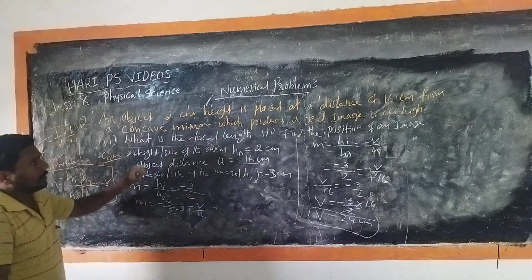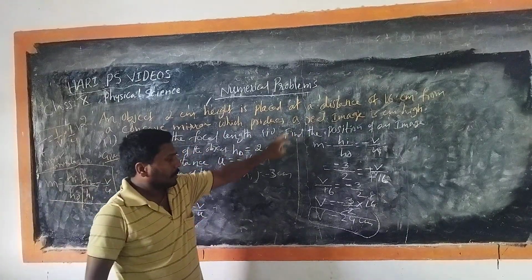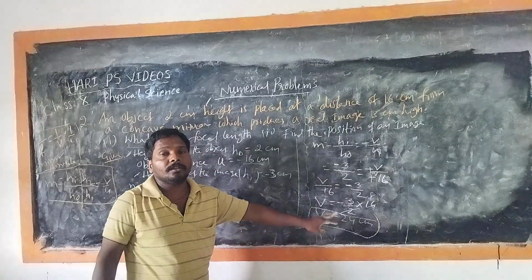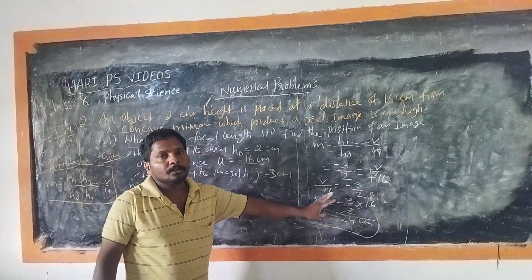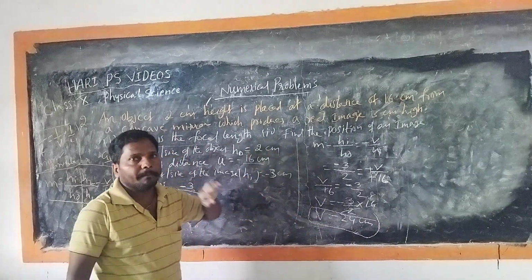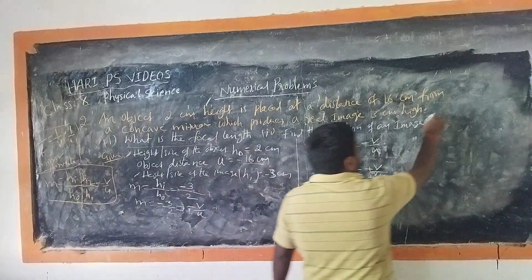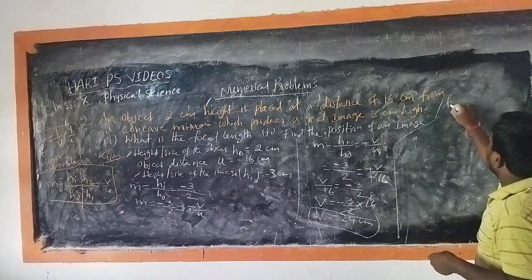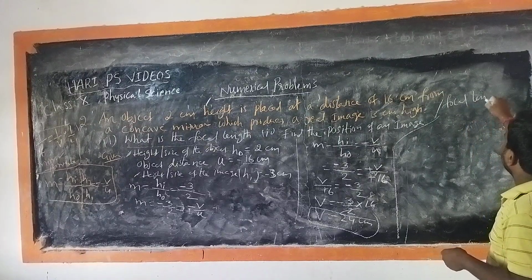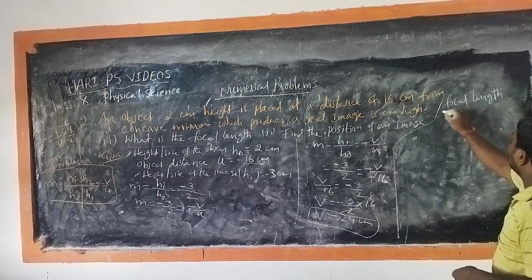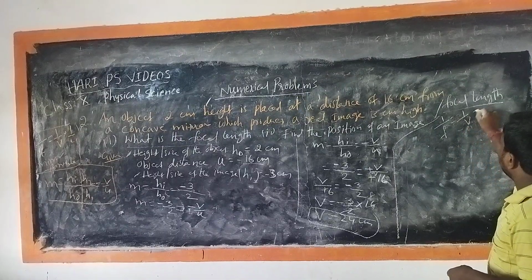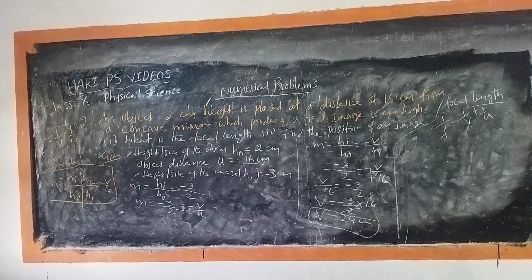So what is the position of the image? The position of the image is at 24 centimeters from the mirror. Okay. Then what about the focal length? For finding the focal length, we use the formula 1 by f equal to 1 by v plus 1 by u.